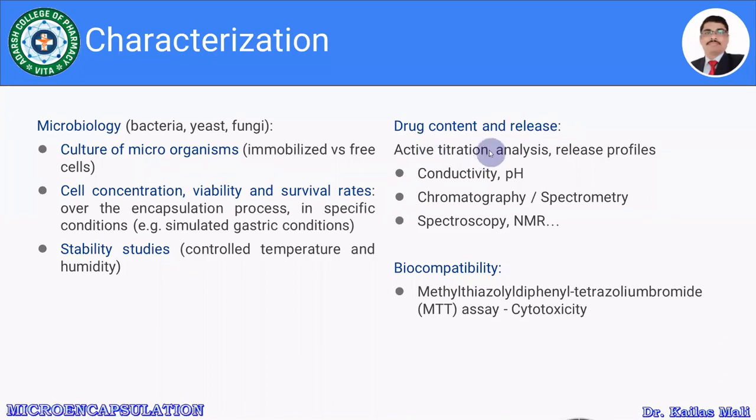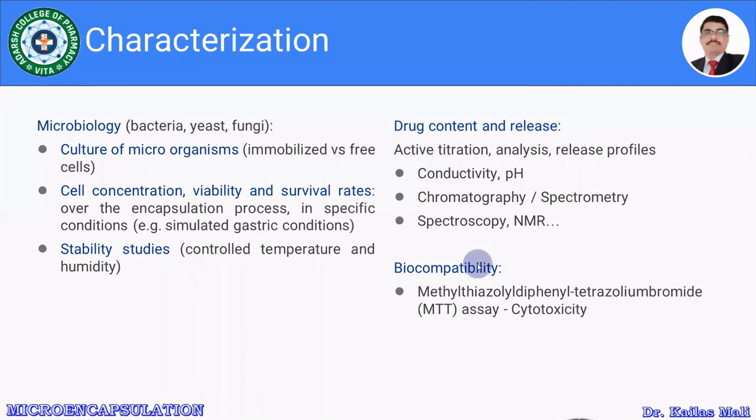So there is a need to determine the drug content by using any suitable methodology like conductivity, pH, chromatography, spectrometry, spectroscopy, or any suitable method. And furthermore, we have to perform the release of the drug from the dosage form by using a suitable method, isn't it? So this is about the drug content and the drug release.